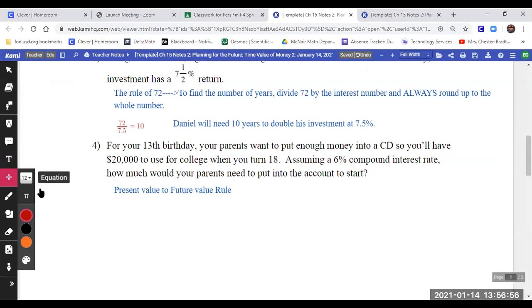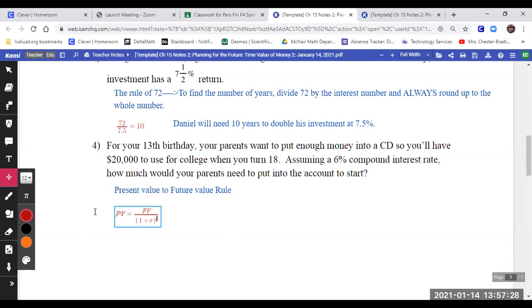My equation for that is that the present value equals the future value divided by 1 plus my interest rate as a decimal to the number of periods, or time.